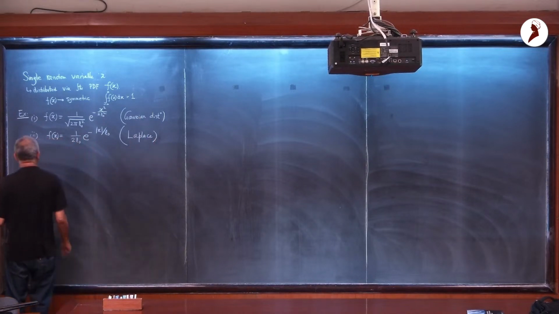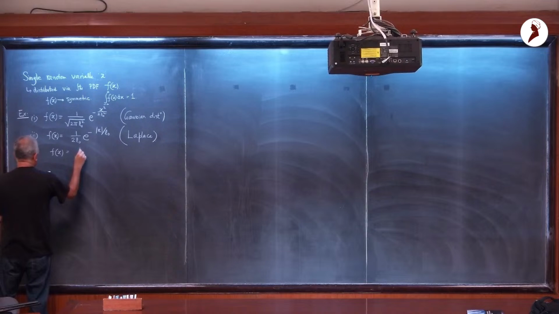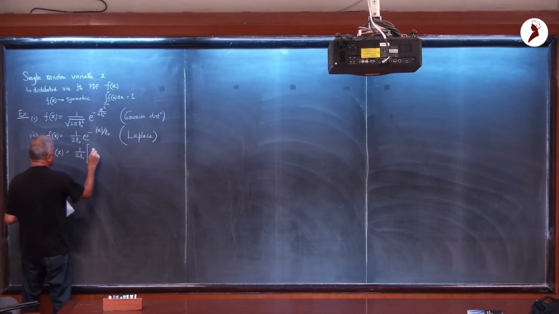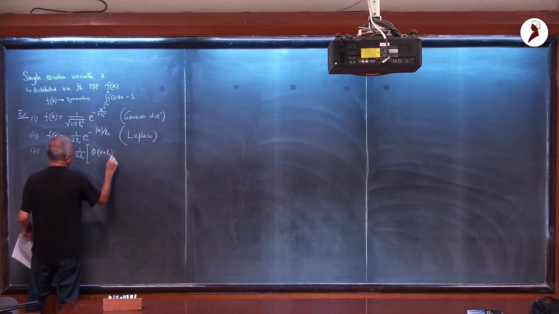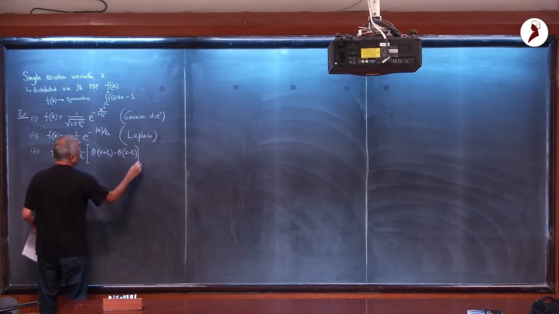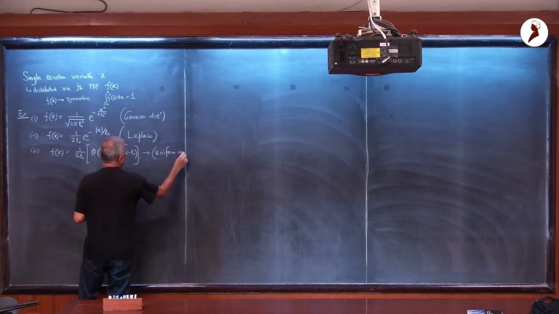All famous names here. Third example is, again, I mentioned yesterday. So this is the uniform distribution. So it's a box, basically, a flat distribution over a box. So this is a Heaviside theta function. So this is uniform over the interval.